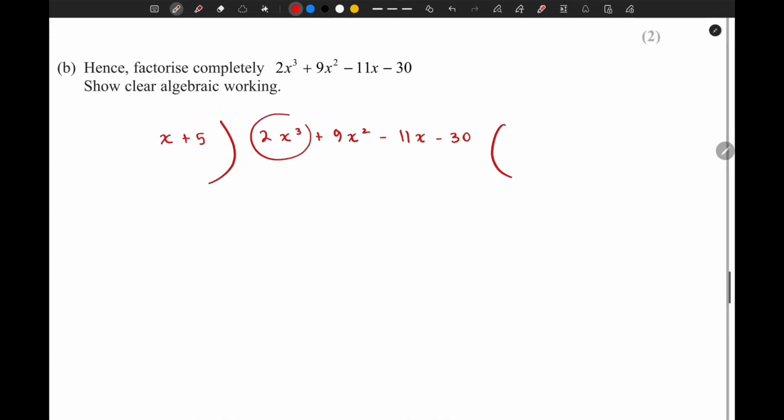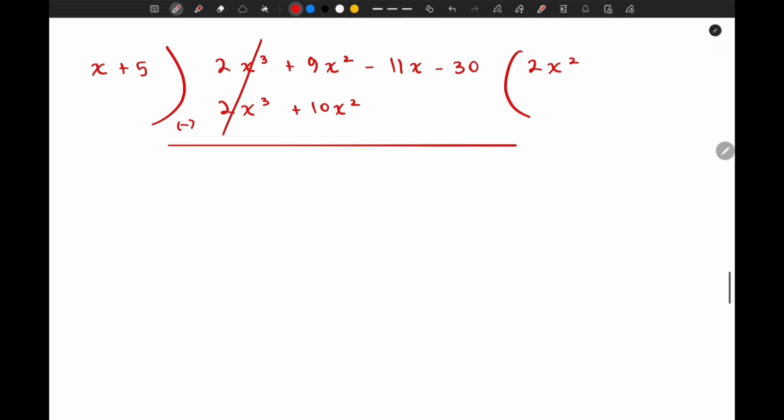So first of all, we need to eliminate this 2x cubed. So if I multiply x plus 5 by 2x squared, I will get 2x cubed plus 10x squared. So this term has been eliminated.